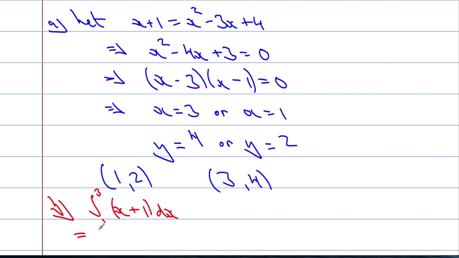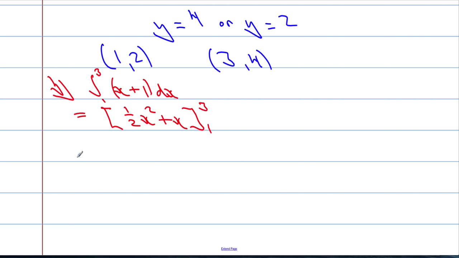So that's going to give me, increasing the power of x by 1, multiplying by that, a half x squared plus x. So we're integrating that, and I need to evaluate it between 1 and 3, which is going to equal a half times 3 squared plus 3.